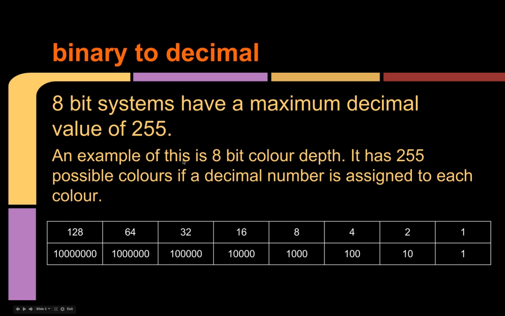Now, an example of this in the actual technical use of bits would be 8-bit color depth. It has 255 possible colors if a decimal number is assigned to each color, because we can only count up to 255. So that's where that came from.